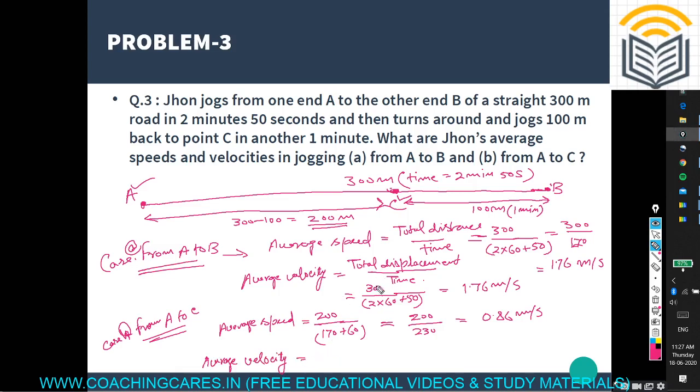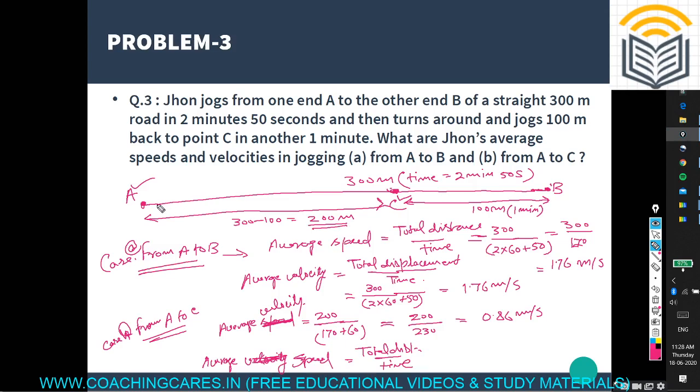In the same way, considering case B, motion from A to C, average velocity will be equal to total displacement between A and C, which is 300 minus 100, 200. I'm sorry, actually, initially I calculated velocity. That was average velocity. So next I'm calculating average speed. Average speed is total distance divided by time.